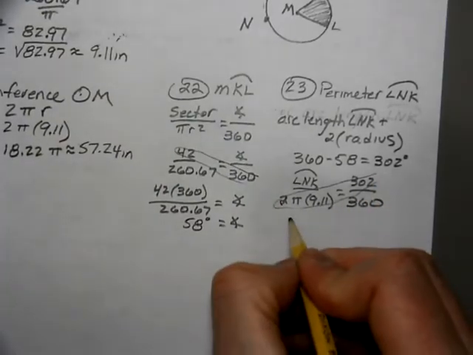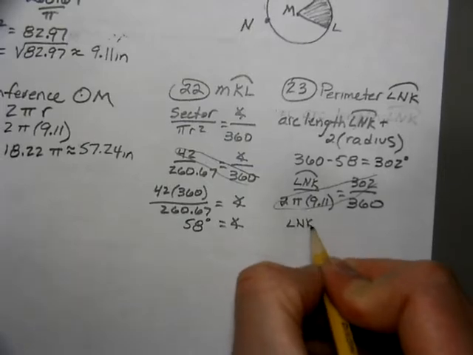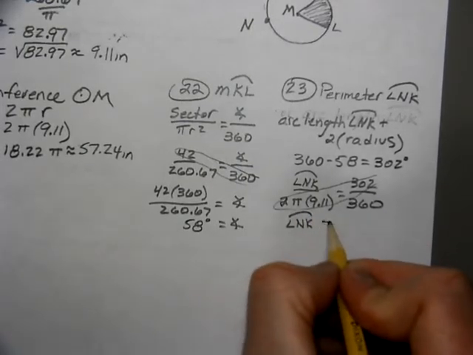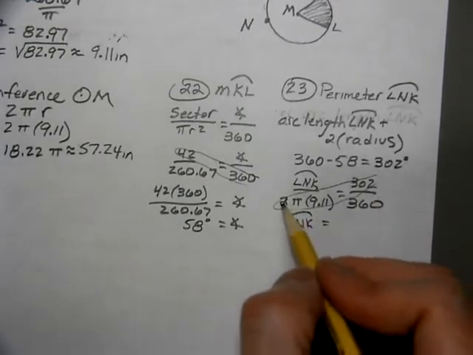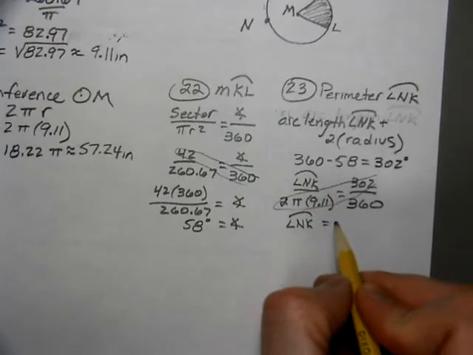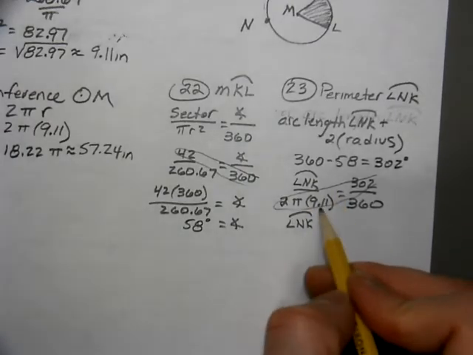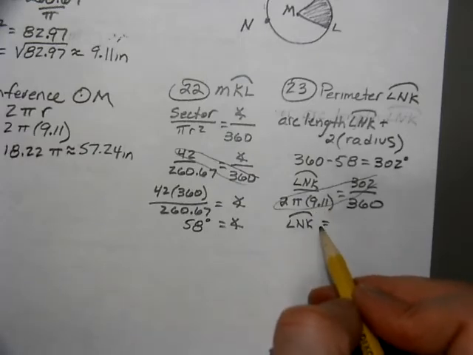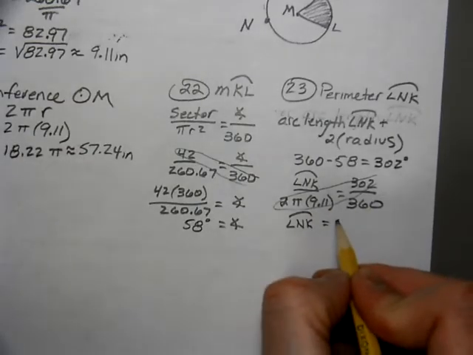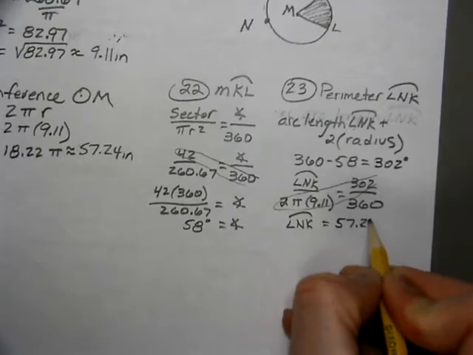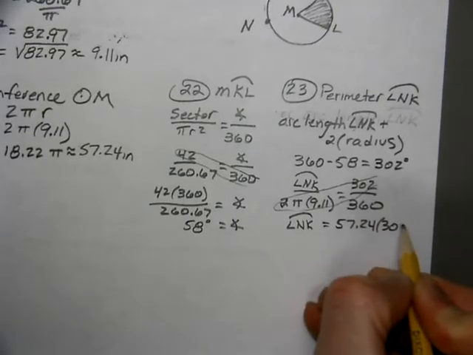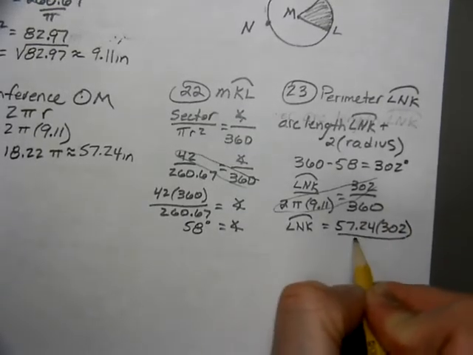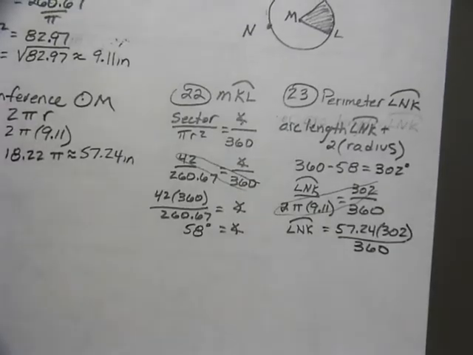So we cross multiply and see that the arc length is going to equal, we've already calculated the circumference out, so that's 57.24 times 302 divided by 360.